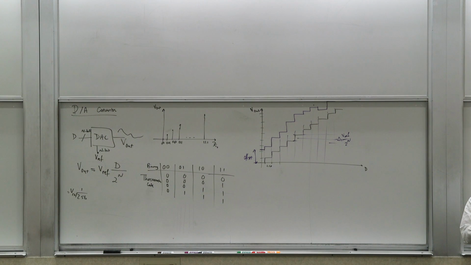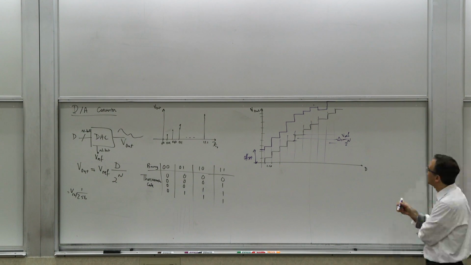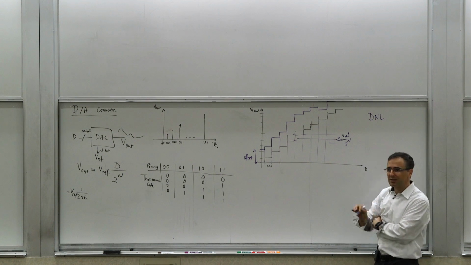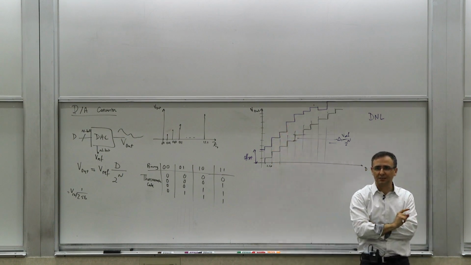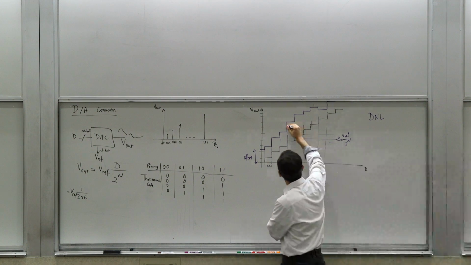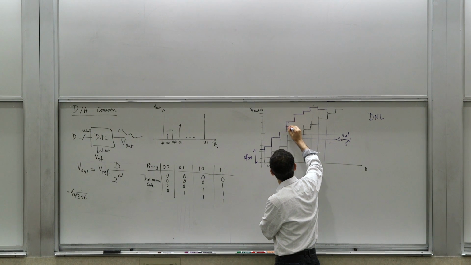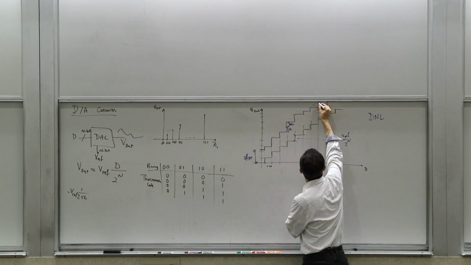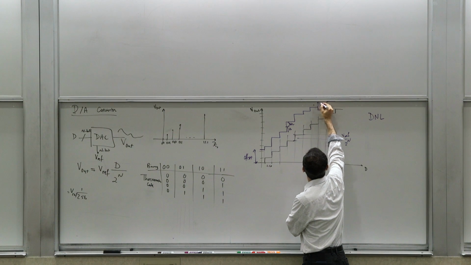That's some sort of nonlinearity. We call that the differential nonlinearity, or DNL, because it's the difference between two adjacent points. So in this example, you have large DNL here, because this is in excess of delta. And here we have a pretty large DNL because we should have been there, and now we are here. So this is the DNL.